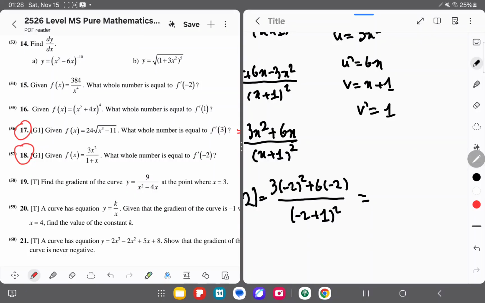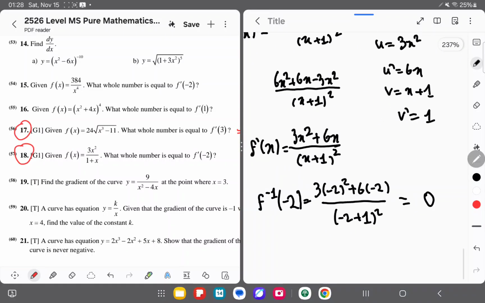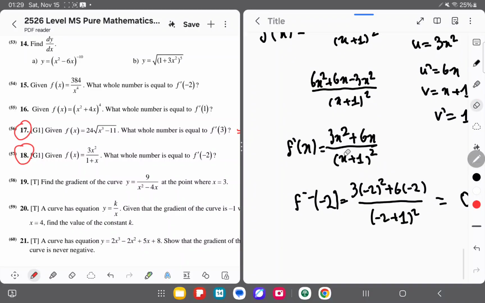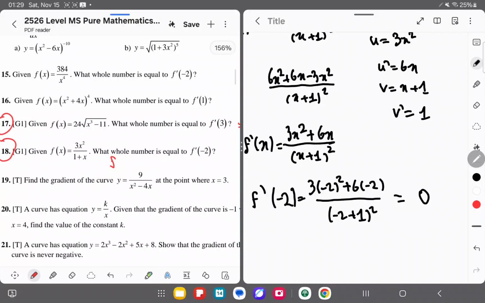Double checking, yeah, 0. I did minus 1 here, I'm so sorry, it makes no sense here. This is just a prime. Okay, so here f prime of minus 2 is equal to 0.